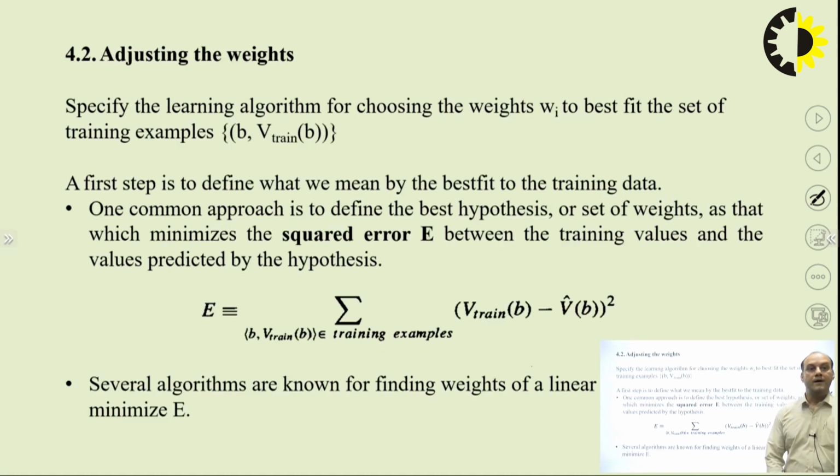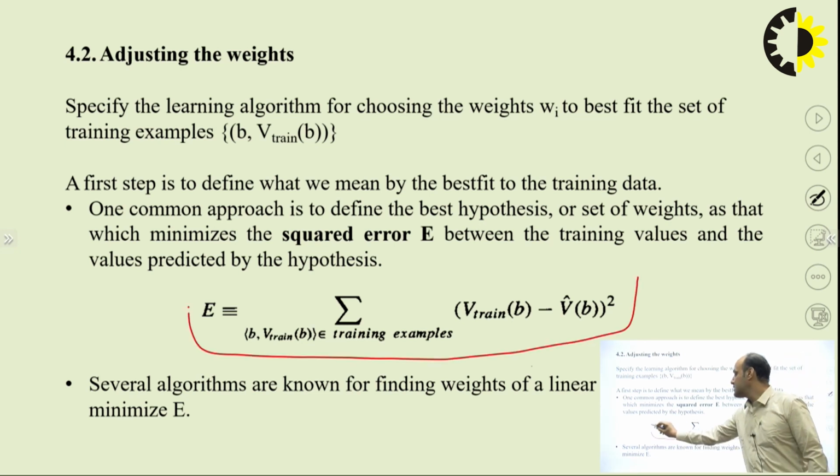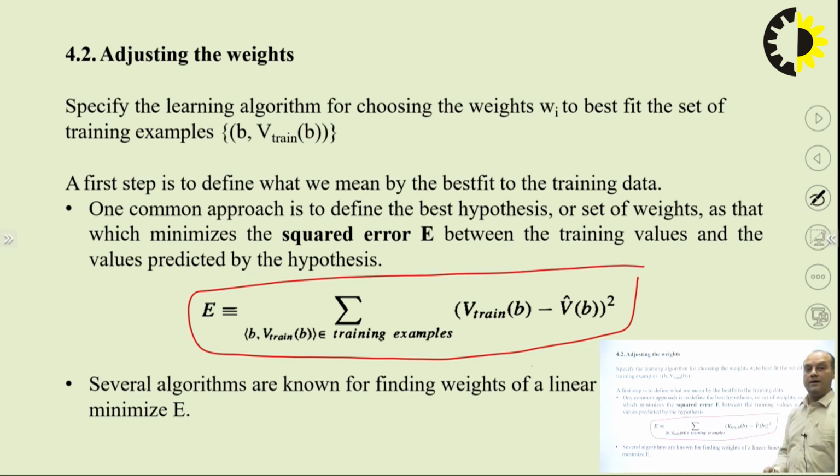Second, I am going to adjust the weights. While adjusting the weights, there will be errors, and this error will be estimated using this rule. There are a number of approaches that will minimize this error. I am using the least mean square error, the LMS rule.